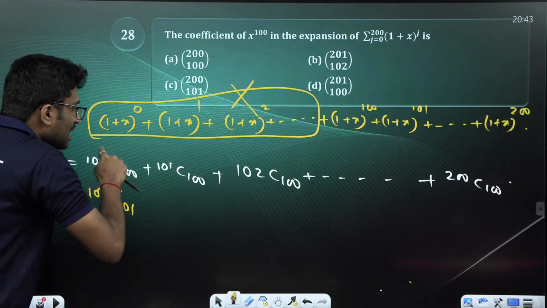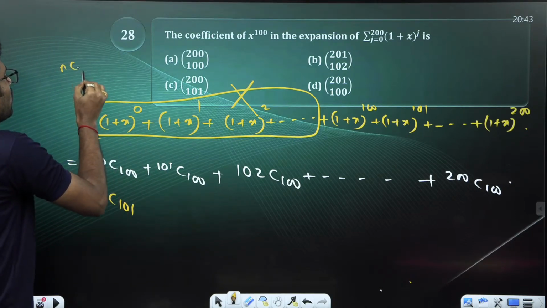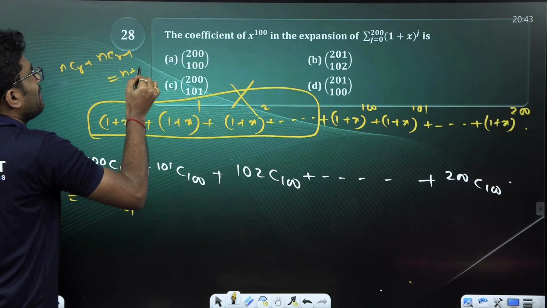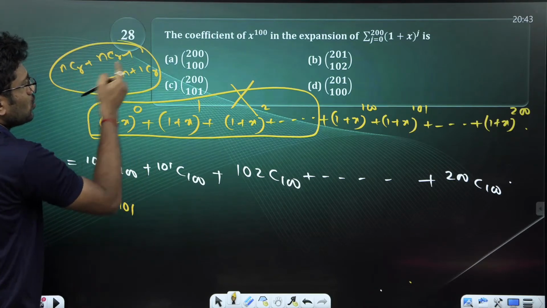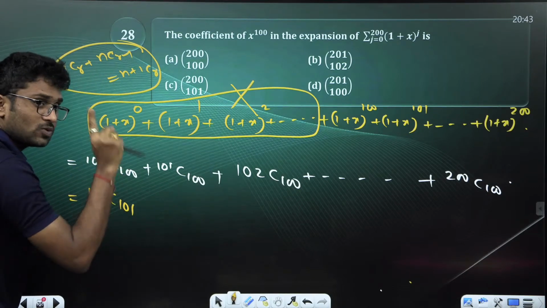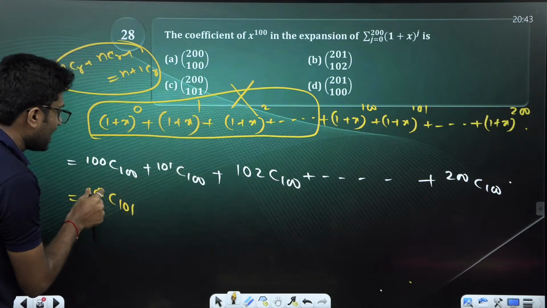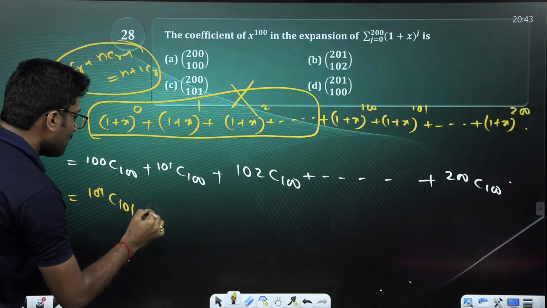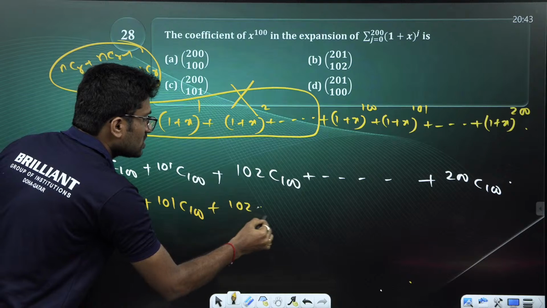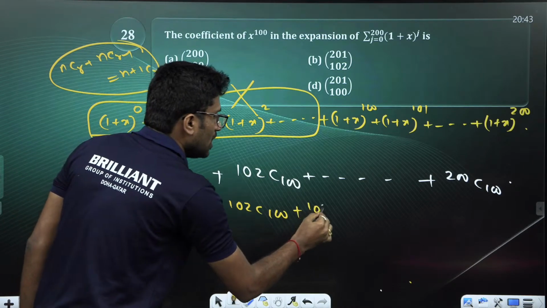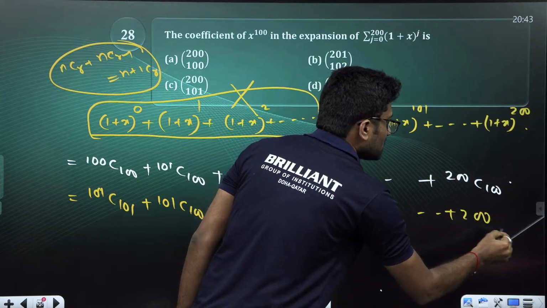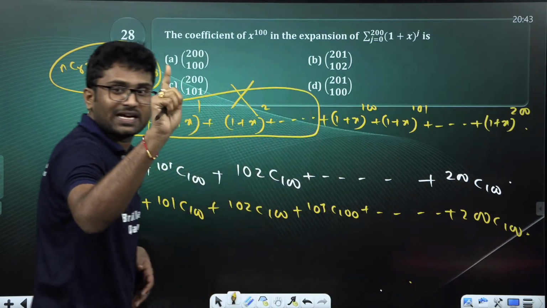Why? Because we can use this particular formula, nCr plus nC(r-1) is equal to (n+1)Cr. We are going to use this in this expansion. 100C100 means 1. This same 1 can be written as 101C101 plus 101C100 plus 102C100 plus 103C100 and so on till 200C100.